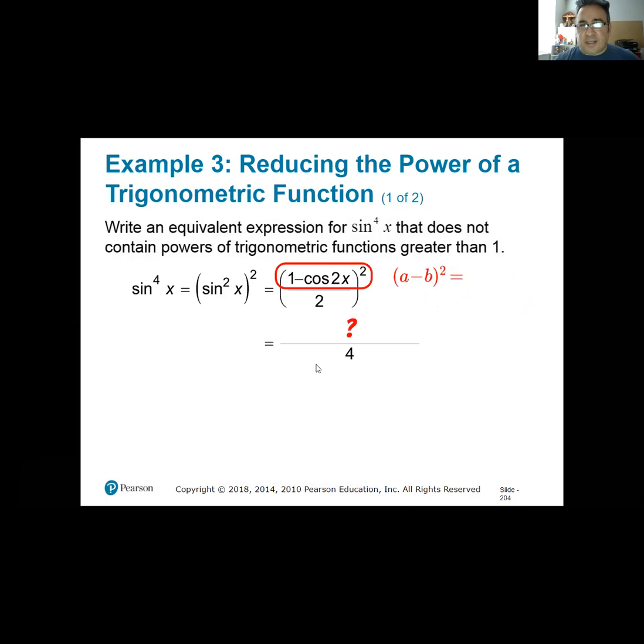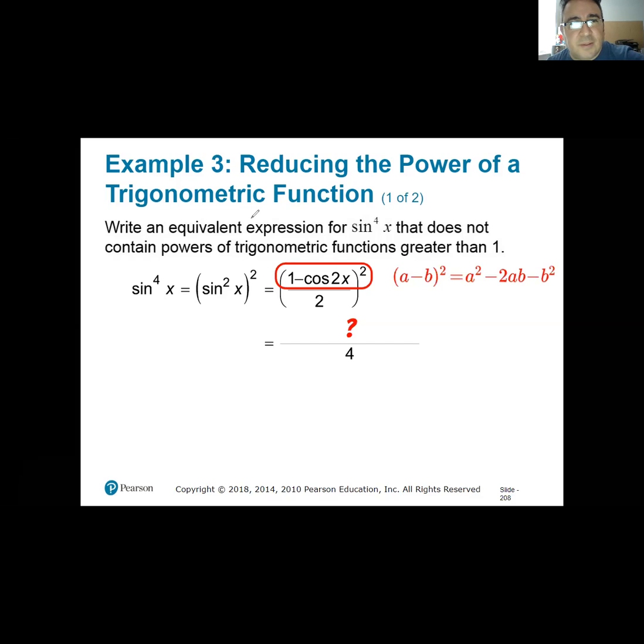Now the question is, what do I do with the numerator? Notice how much math you have to recall. That was what? Anybody remember that? A minus b quantity squared is the same as a squared minus 2ab, and that shouldn't say minus, it should say plus, b squared.